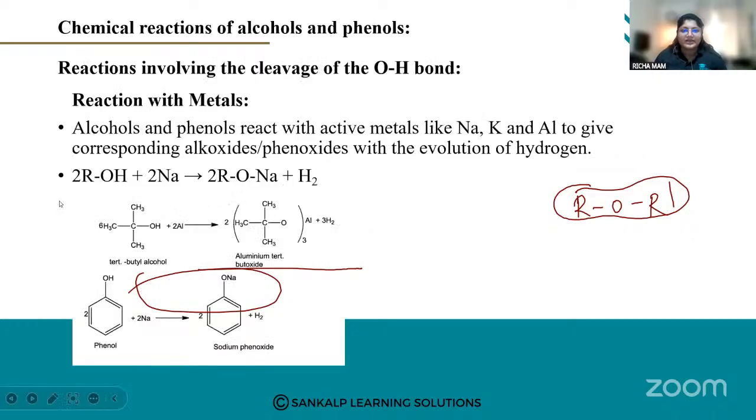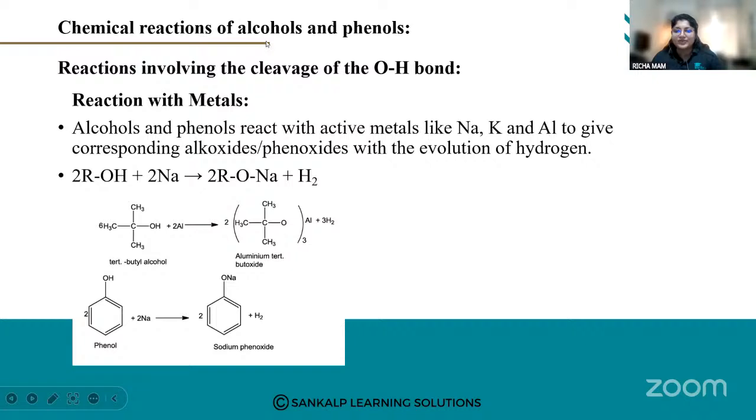So let us go next to the chemical properties, or chemical reactions, of alcohols and phenols. First is the reaction involving the cleavage of the OH bond. When we see the structure ROH, or an aromatic ring like this, what type of linkage is there?